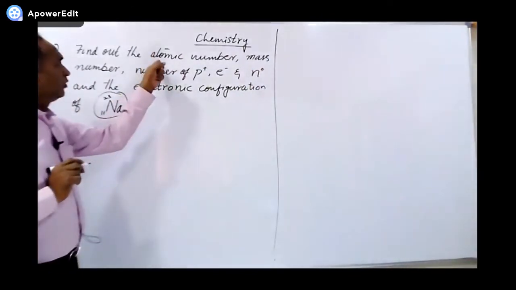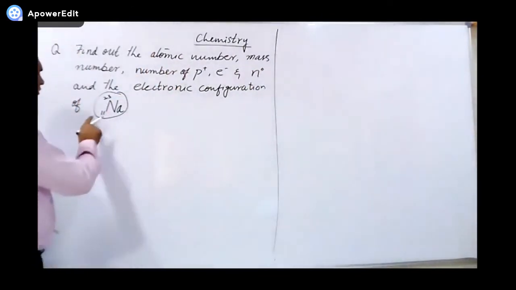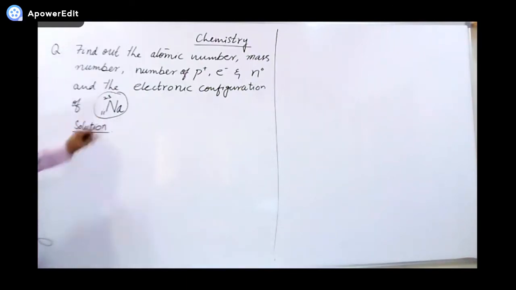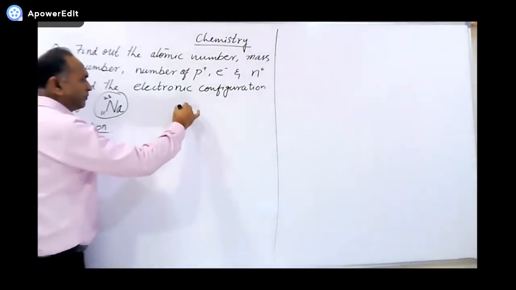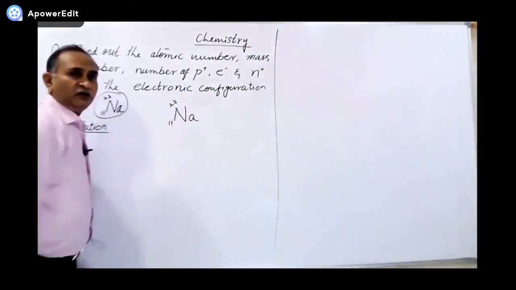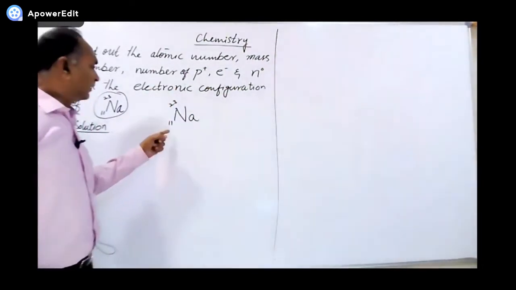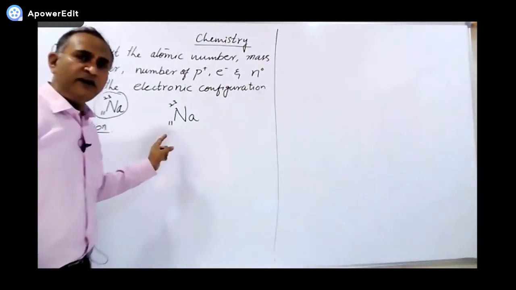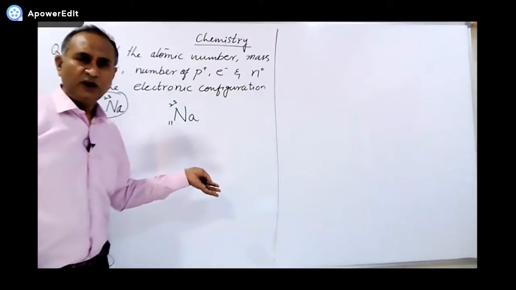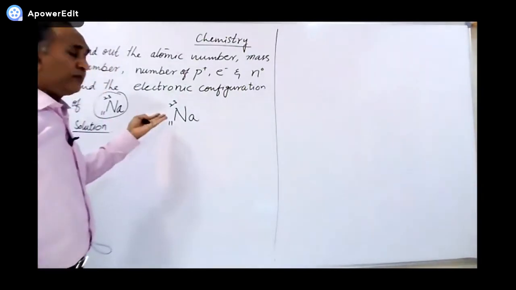Okay, well, atomic number. So, the symbol is sodium 11, 23. I think you remember the smaller number always represents what? The atomic number. So if I ask, what is the atomic number of sodium?